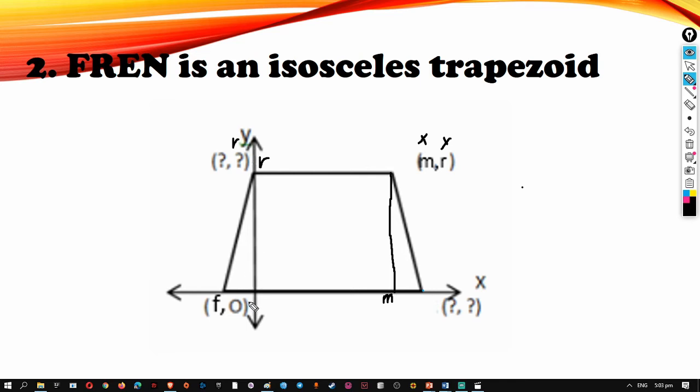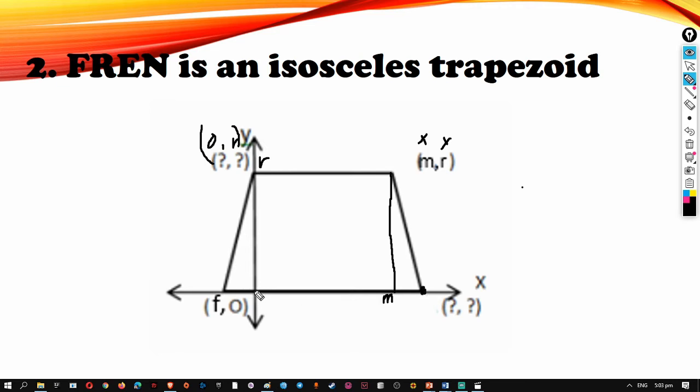Nasa y-axis yan. Ibig sabihin, walang x. So that means, ayan. So, meron na tayong unang sagot. 0, R. Heto na lang ang problema. This one. So, ano to? Ano to? Okay.